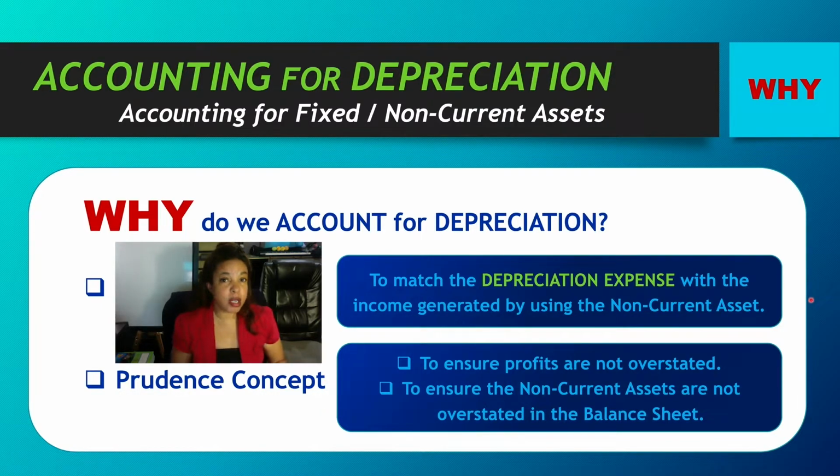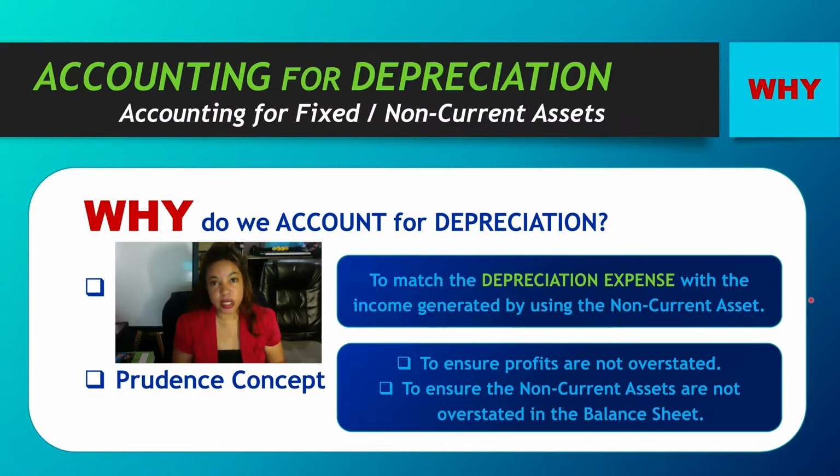The same thing for your assets. If we do not account for the depreciation or the reduction in the value of the non-current asset in the balance sheet, then we will basically be overstating our value for non-current assets in the balance sheet.